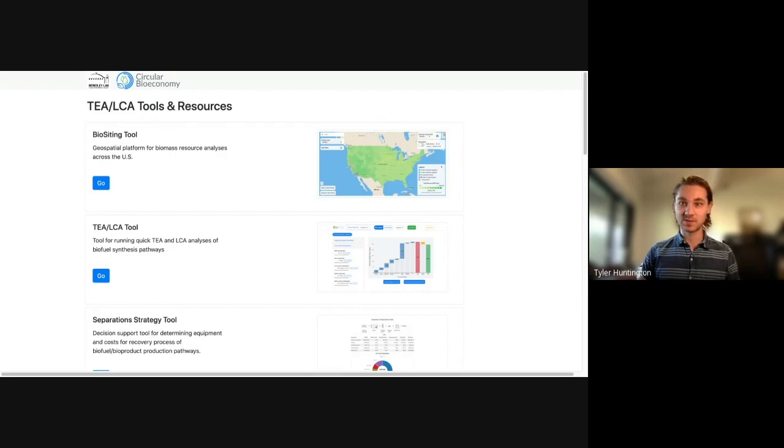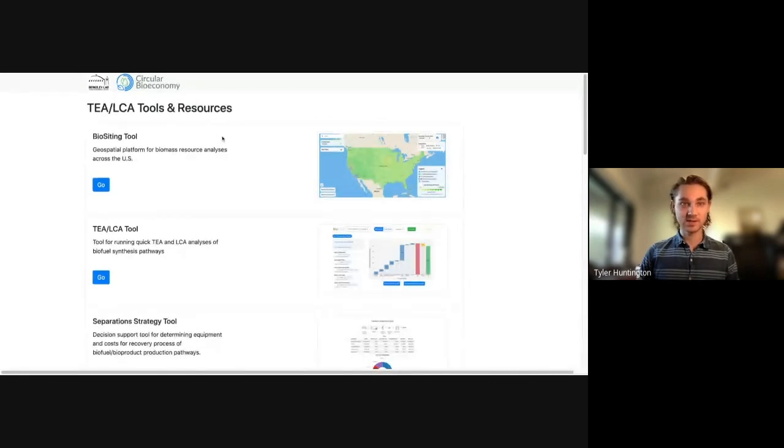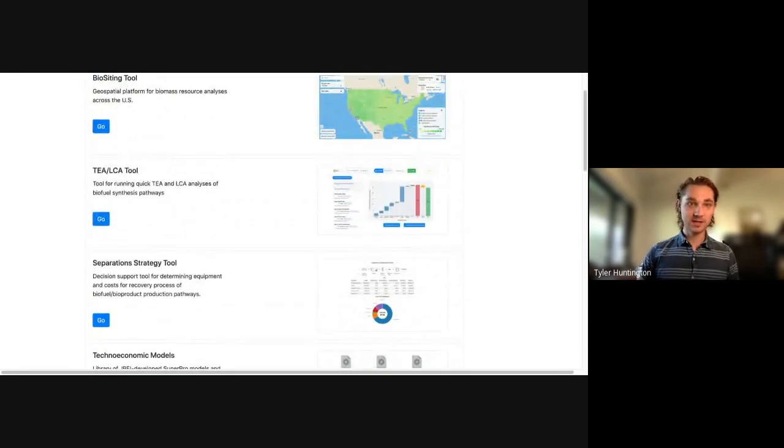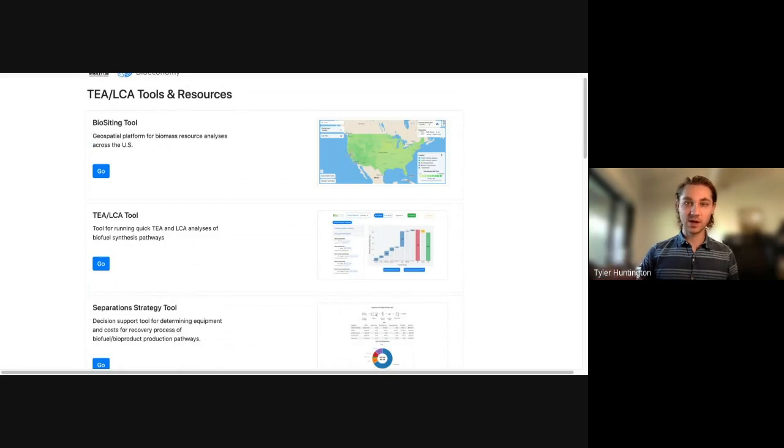As Corinne mentioned, there's been increasing interest from investors in using these tools to estimate things like scale-up costs, CapEx, OpEx, for some of these emerging technologies. So the homepage for this ecosystem of tools is lead.jbei.org. And each of the tools here operates independently really nicely, and there is also some interoperability between them, which we can demo today. And I'll start by showing you the Biositing tool.